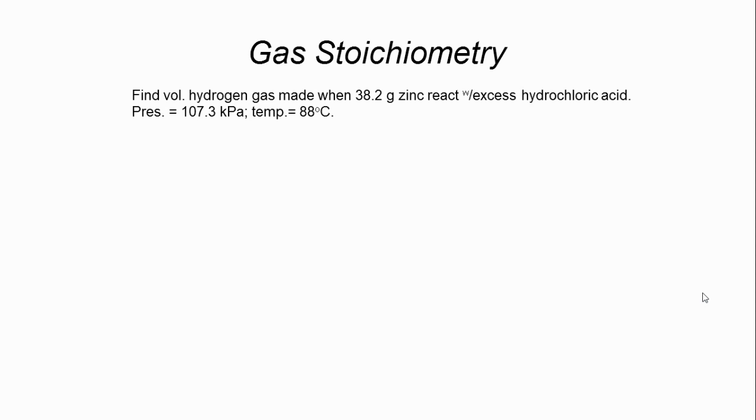So let's look at this question here. It says, find the volume of hydrogen gas made when 38.2 grams of zinc react with excess hydrochloric acid. And then we're given some conditions that are clearly non-STP or non-ideal. So the first thing I'm going to do is write out my equation, and I'll go ahead and balance it.